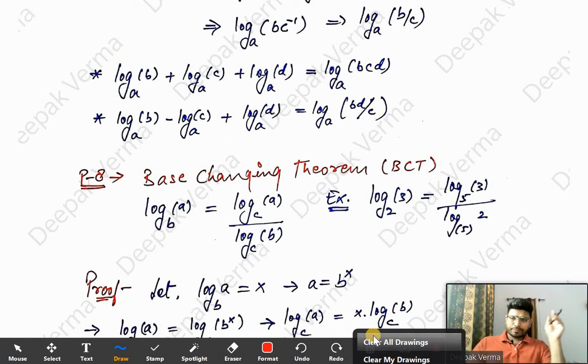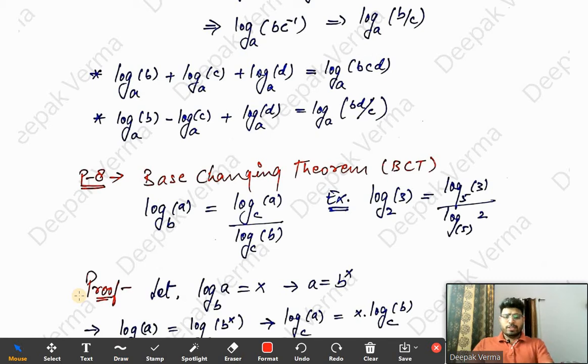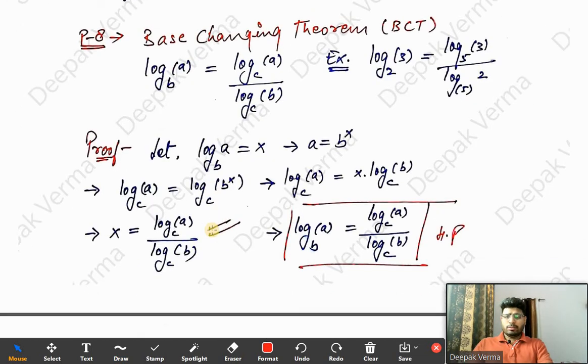Is it clear? Next property we have is the base changing theorem. In the base changing theorem, we have log a to the base b. We can write it like log a over log b, and we can introduce a new base as per our choice. That is our choice, whatever base we would like to introduce.